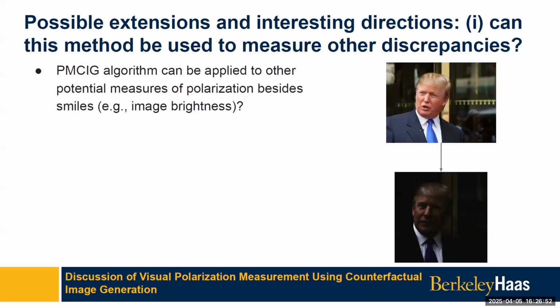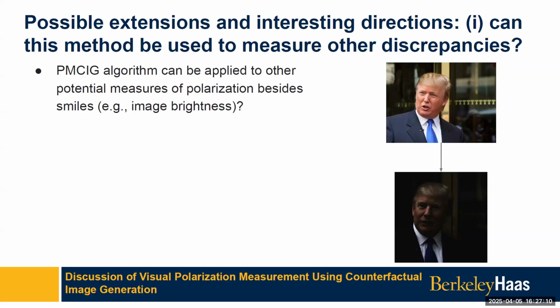I also think that it's interesting to think about how this approach can be applied to other contexts and other types of image discrepancies, which Omid mentioned in passing at the end of the talk, right? For one, the paper focuses on this very particular measure of polarization, which is whether or not a politician is smiling.